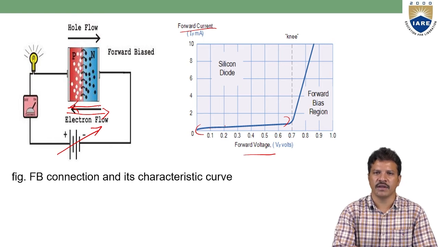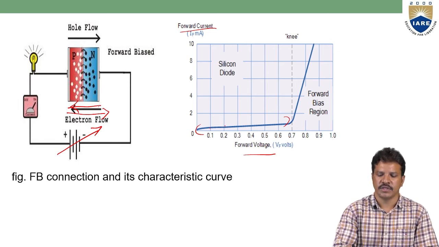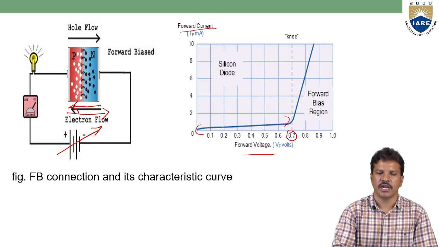So only when we give greater than 0.7 will the current start in the p-n junction diode. This 0.7 is called the cut-in voltage. Cut-in voltage is the minimum voltage to establish the current flow in the p-n junction diode.